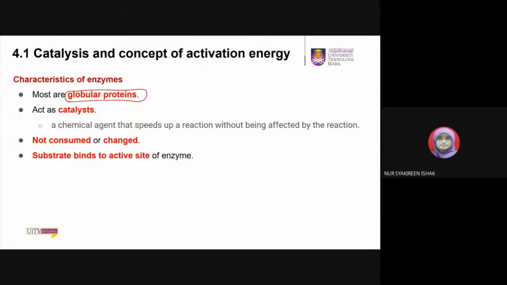For enzymes, we group them as globular proteins. Okay, so usually enzymes will attain the tertiary and quaternary levels of protein though. Okay, tertiary and quaternary structure of protein to gain this globular shape.